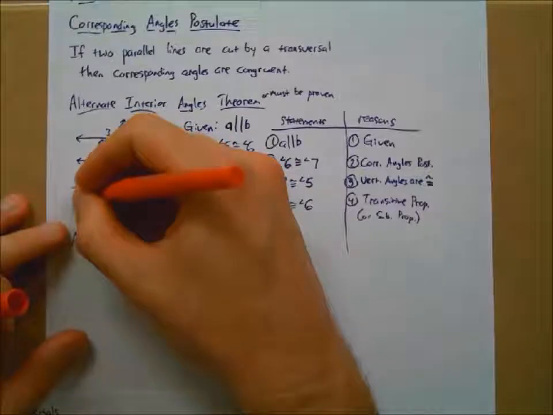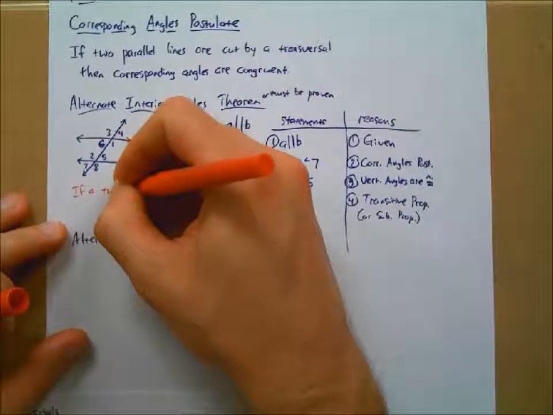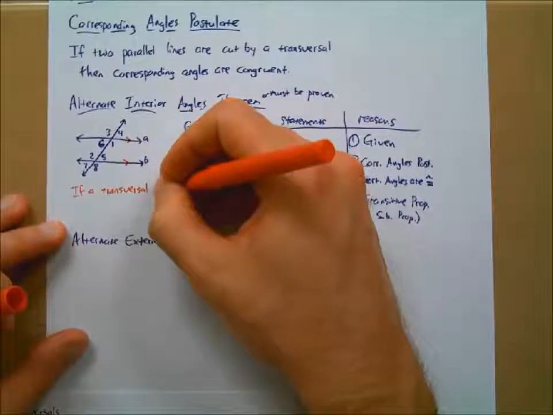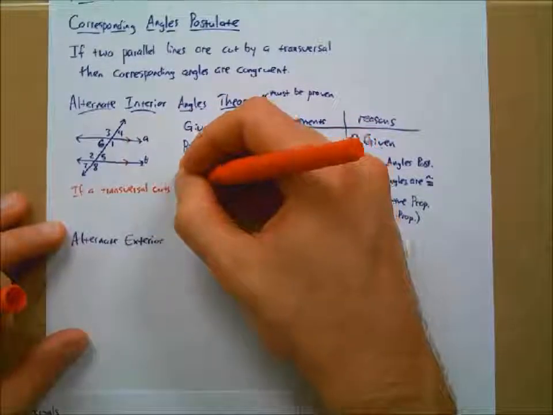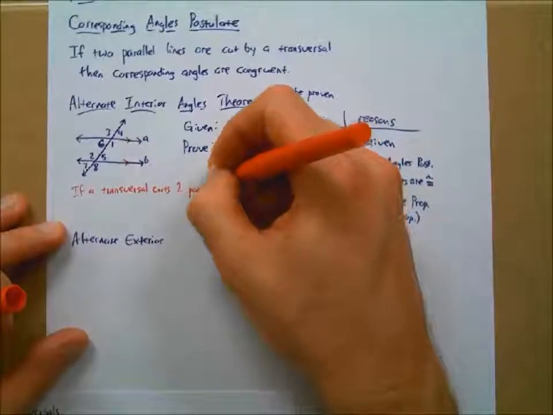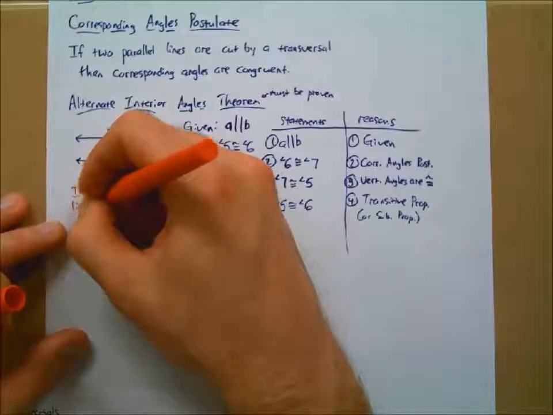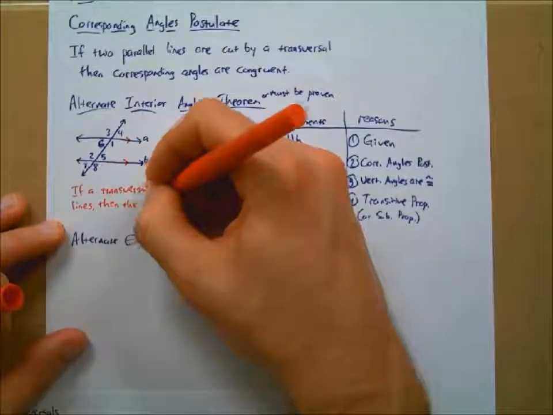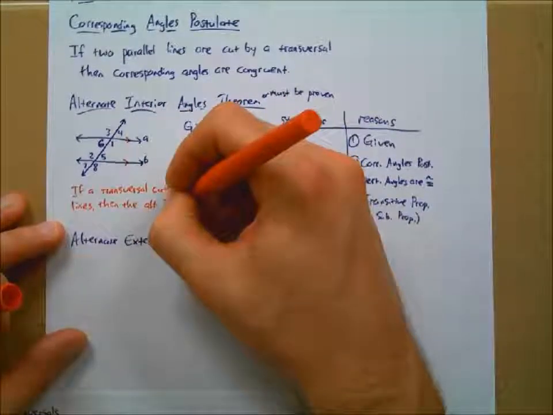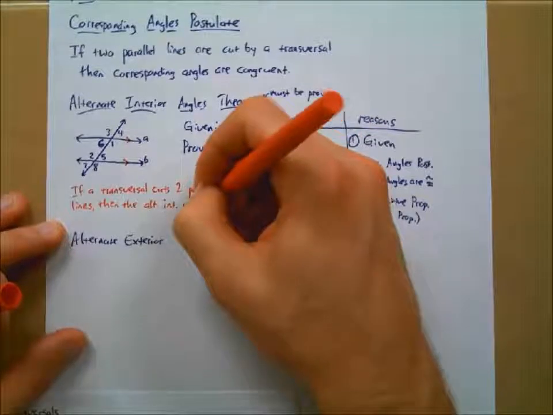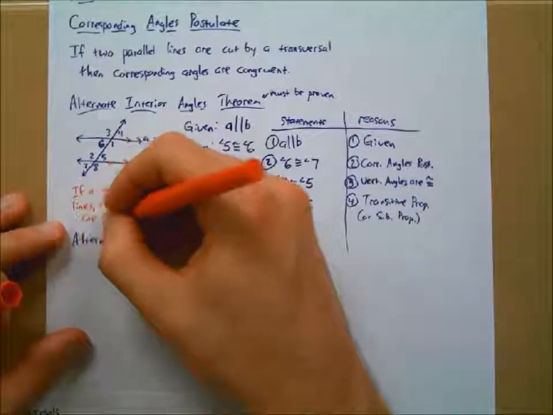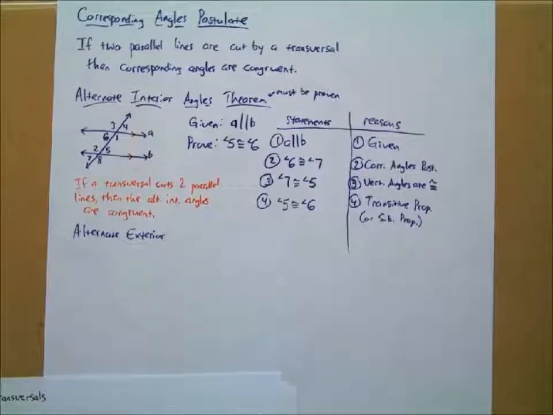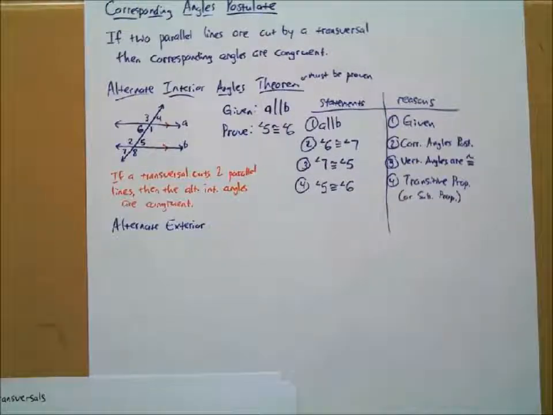If a transversal intersects two parallel lines (I really should use intersects there, not cuts), then the alternate interior angles are congruent.